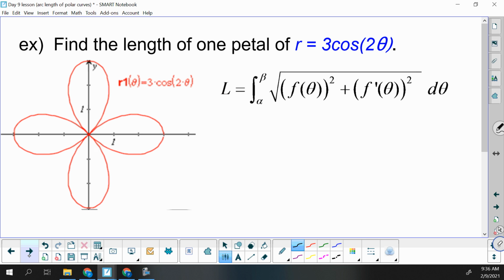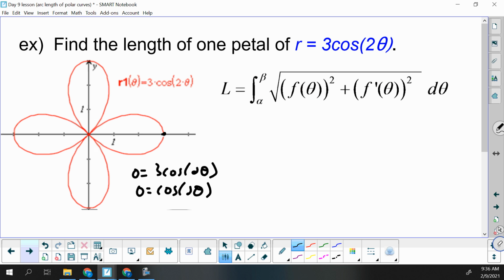So if you put in 0 for theta, cos of theta is 1, so you get 3, so that's where the petal is when theta is 0. So we need some times when it's at the pole on either side of theta equals 0. So let's do 0 equals 3 cos of 2 theta. Divide the 3 over, that's 0 equals cos of 2 theta.